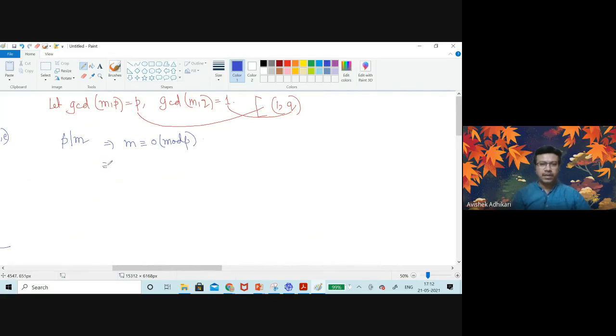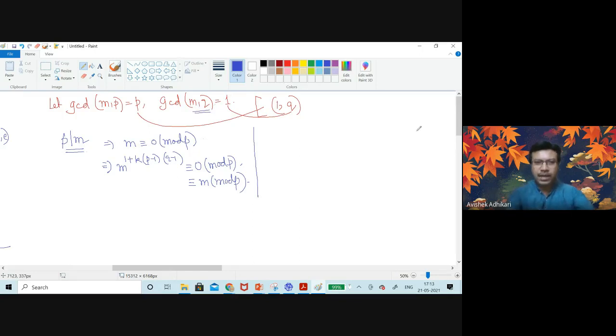That means the same as m to the power 1 plus k into (p minus 1)(q minus 1) will also be the same as 0 mod p, because the right hand side will again put a power of it and that becomes 0, and that is the same as m mod p, because 0 and m are the same within this p because p divides m, right? Okay.